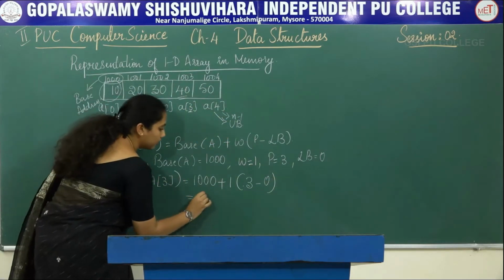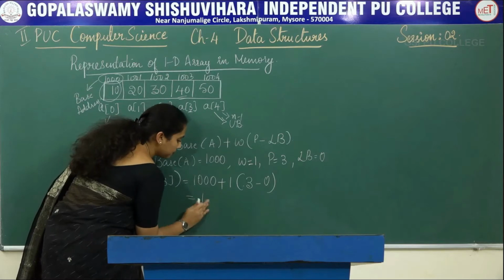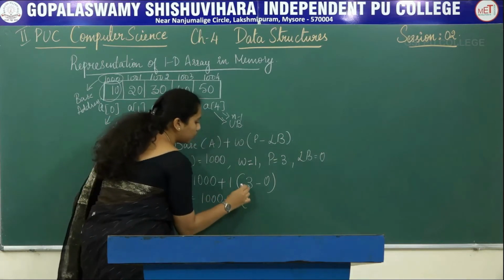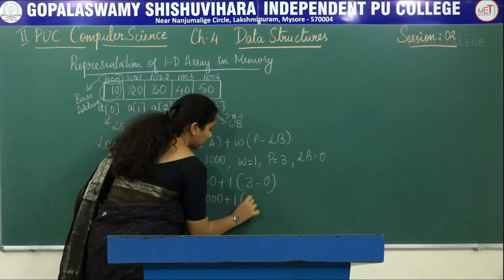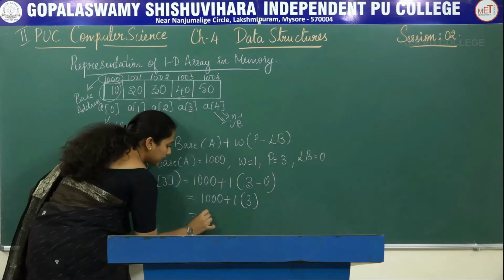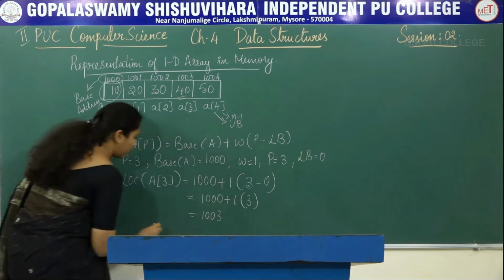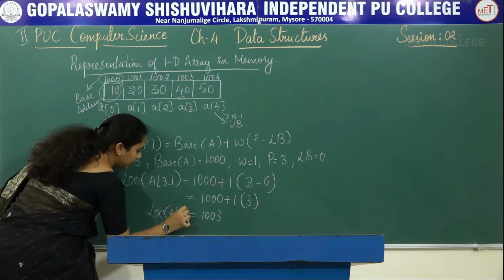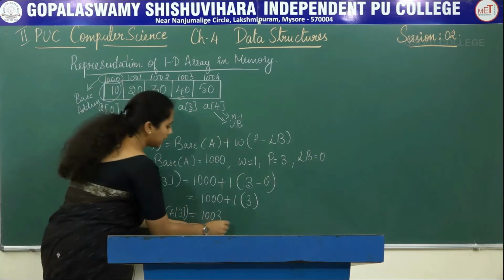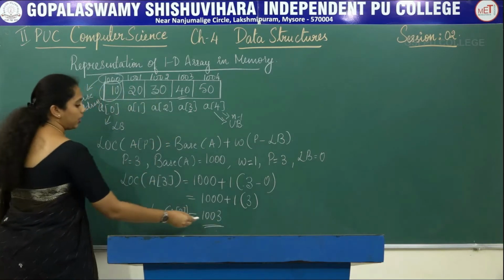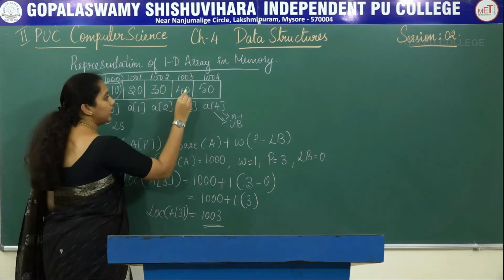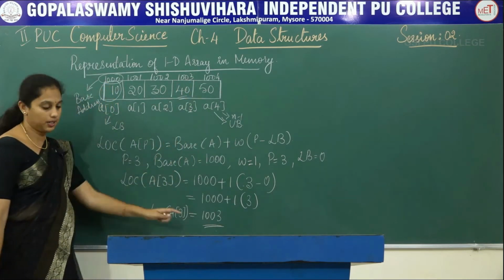So 1000 plus 1 into 3 minus 0 is 3. Hence the location of A of 3 is 1003. Check whether it is correct or not. So the address of the element 40 is 1003.